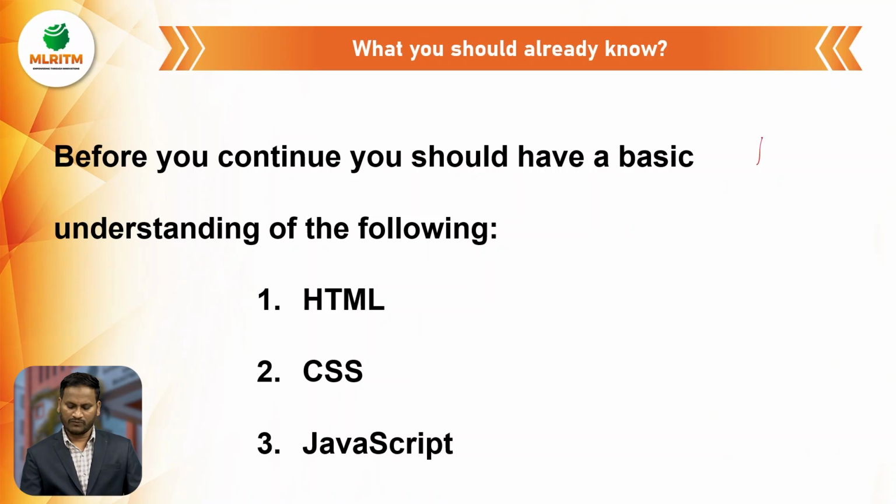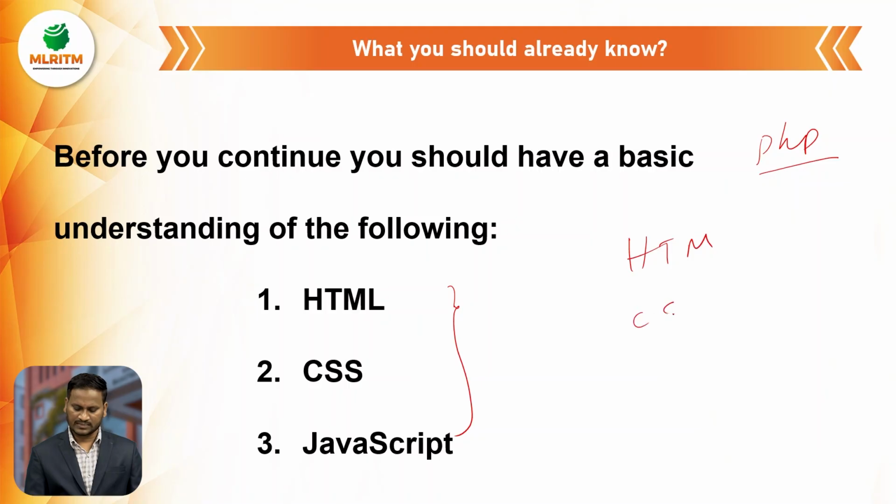Before we learn PHP, we should have basic knowledge of these three: HTML, CSS, and JavaScript. HTML is widely used for web making. It is a simple and very low cost scripting language to make a website or web application.